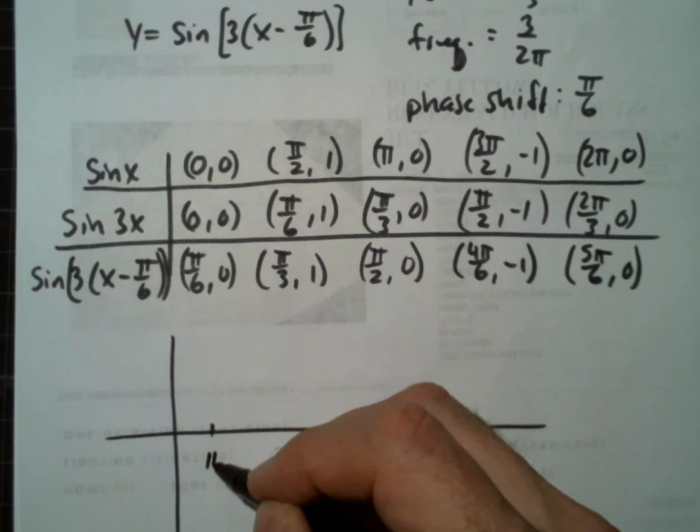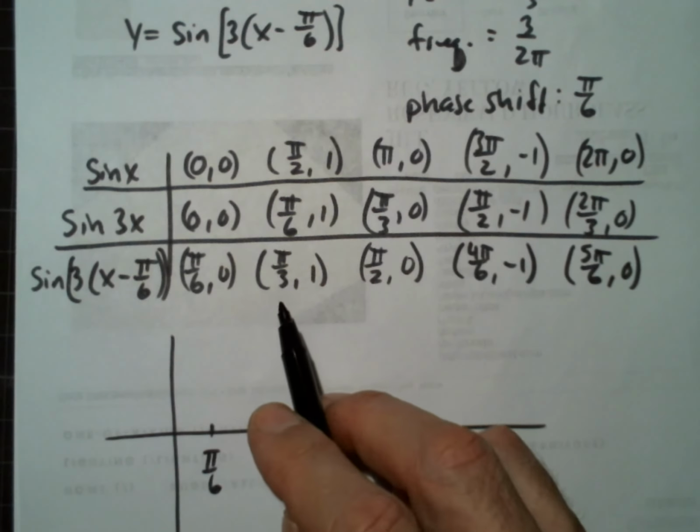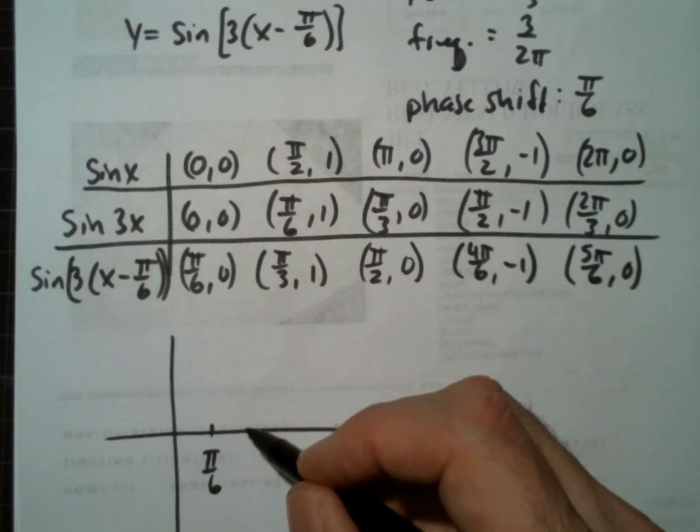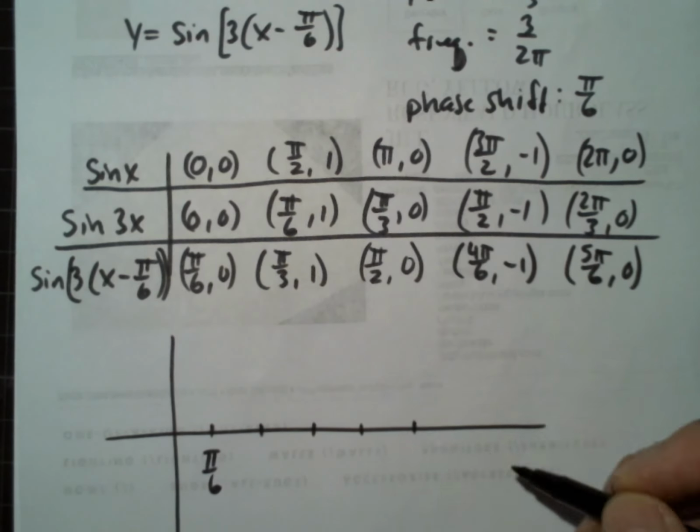So if this is pi over 6, that's where it will start. And then this is 2 pi over 6. We just have to go pi over 6, 2 pi over 6, 3, 4, 5.